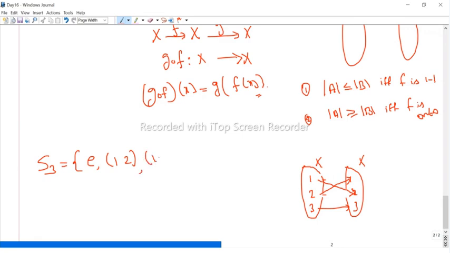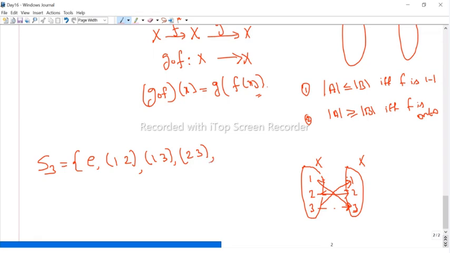And if you write (1 3), it is again a function. It maps 1 to 3, 3 to 1, and 2 is fixed. So (1 3) means 1 maps to 3, 3 maps to 1, 2 maps to 2. It is also a bijective function. If we take (2 3), that is 2 maps to 3, 3 maps to 2, 1 maps to 1.